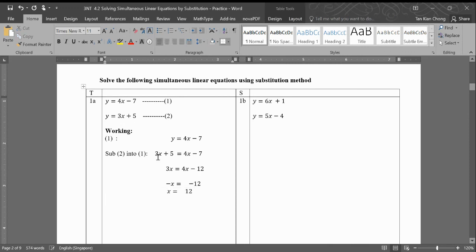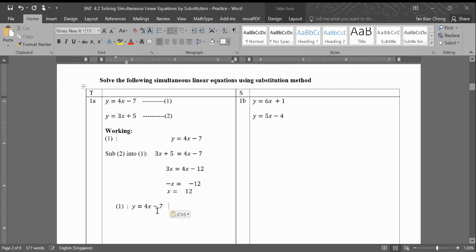To find the value of y, I can make use of any of these equations. I can use equation 1, I can also use equation 2, and the outcomes will be the same. So perhaps I'll work on equation 1. Now equation 1 says y equals to 4x minus 7.